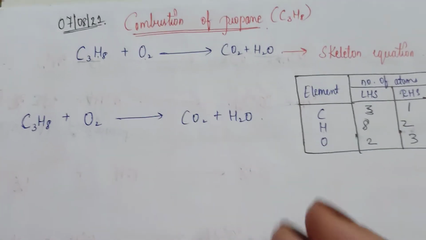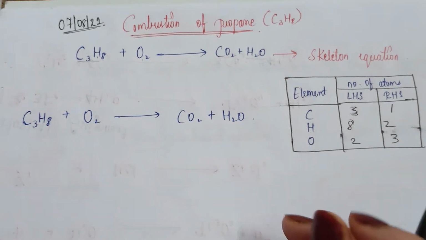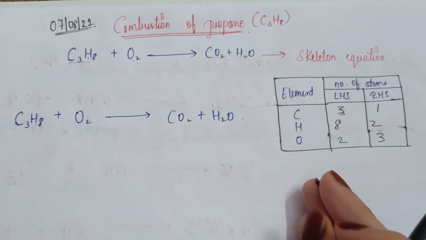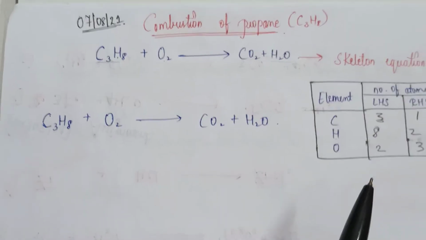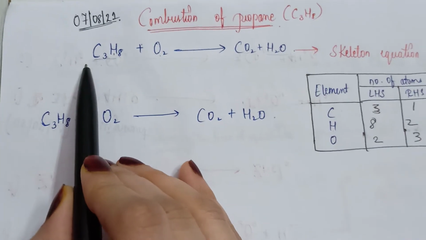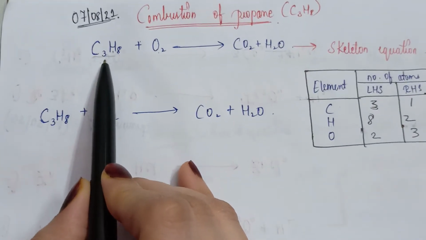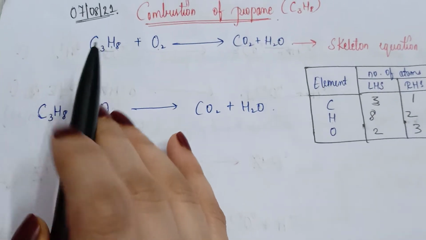It is better to balance with the most complicated substance, and the most complicated substance is C3H8. So first of all, we have to balance this. First look at the skeletal equation, as you can see here, and note that there are 3 carbon atoms on the left hand side, but only 1 on the right hand side.